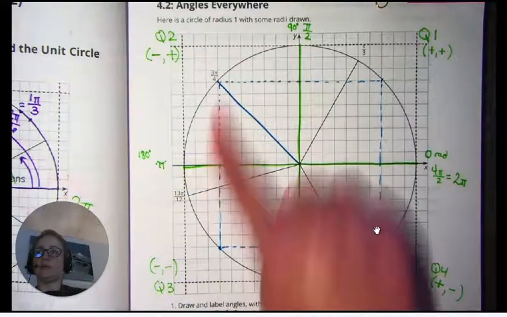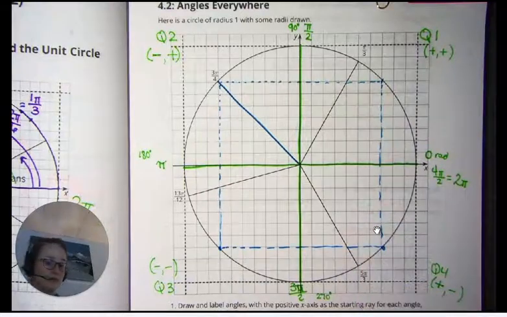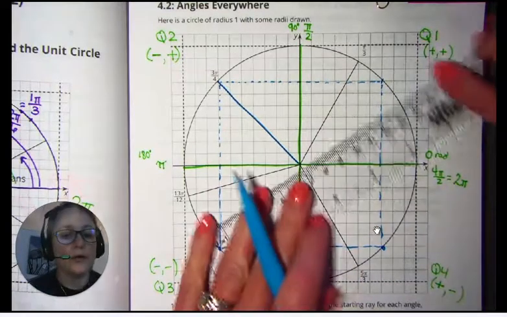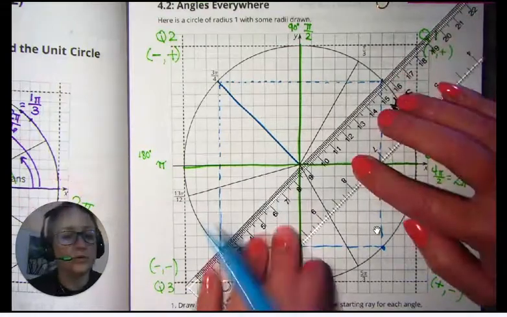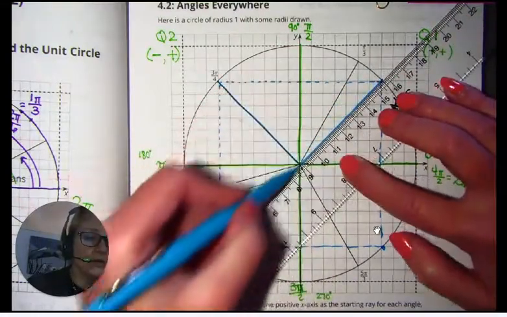I'm connecting these points because now you may have noticed we've made a square going on here. I'm going to draw some lines exactly to the corners of those squares, and I'm going to do it across all of our quadrants right now.